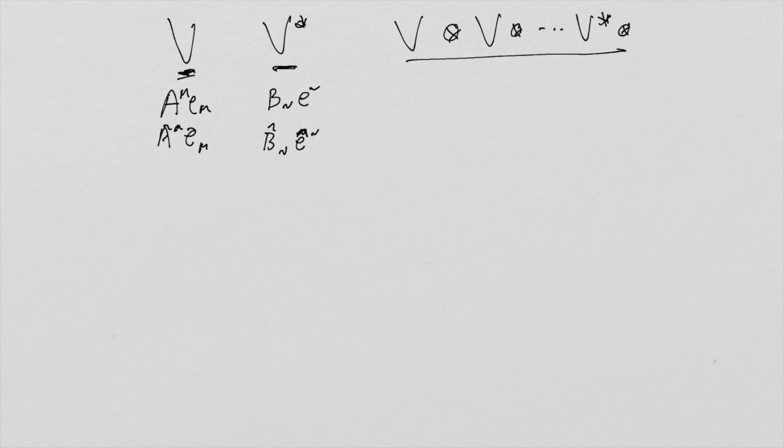And we know how to write these arbitrary tensors, alpha, beta, gamma, dot, dot, dot, delta, epsilon, eta, dot, dot, dot, right? V tensor product V tensor product, dot, dot, dot, V star tensor product V star, dot, dot, dot, anything like that.